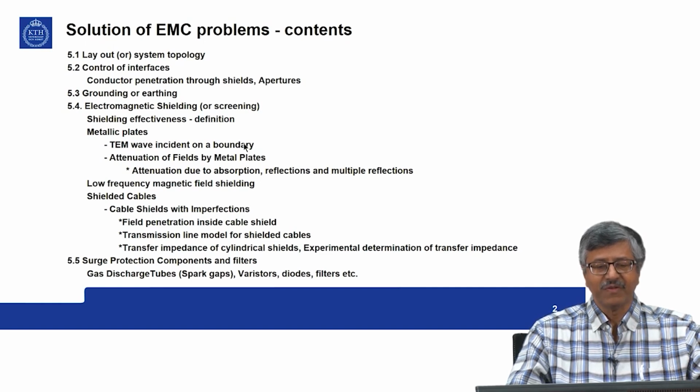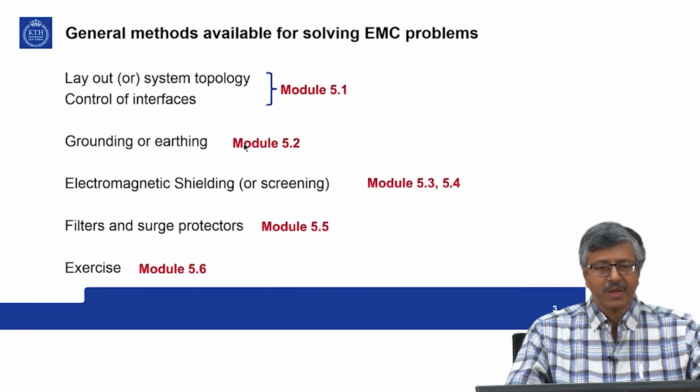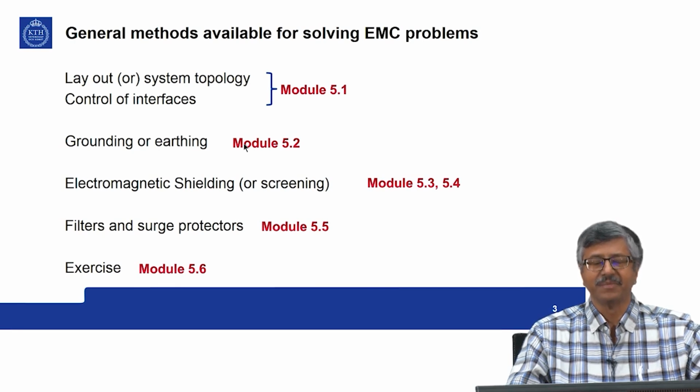The transfer impedance of cylindrical shields will be introduced, and a method for experimental determination of transfer impedance will be described. Then finally, this chapter ends with surge protection components and filters. Only some of the surge protection components will be handled, the most common: gas discharge tubes and varistors. So the chapter is divided into 6 modules. The last module is exercises.